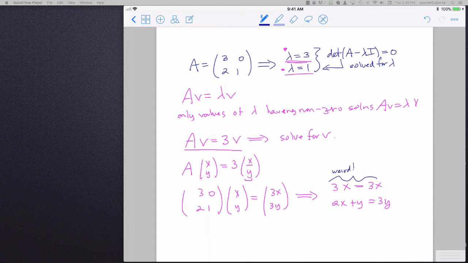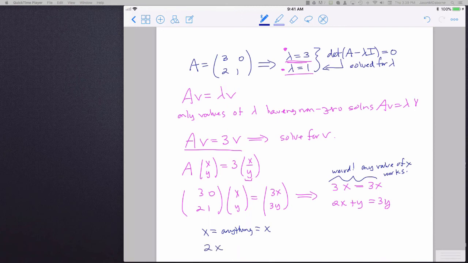This is weird in the sense that any value of x works. And that's okay. If any value of x works, then let x be equal to anything, and typically we call that anything also x.